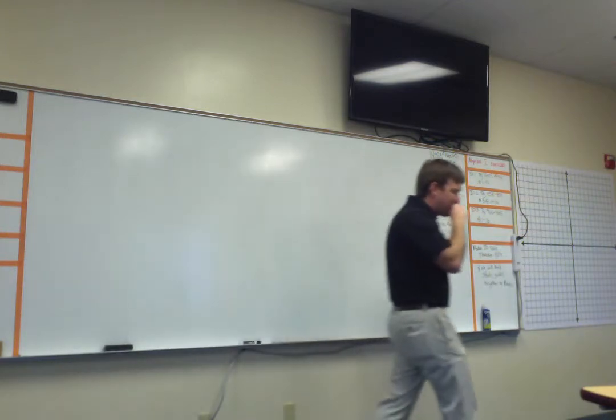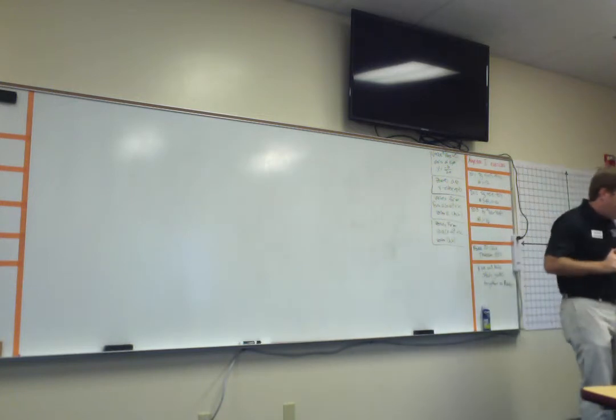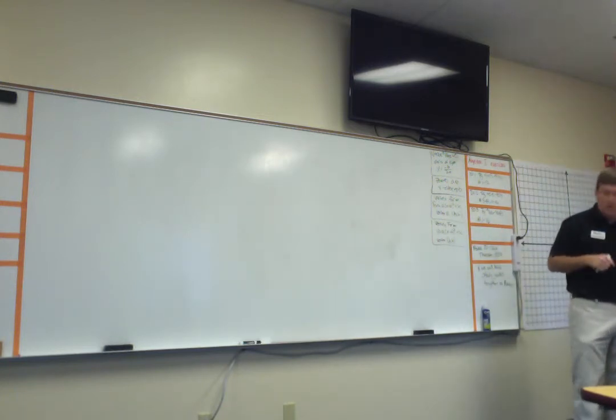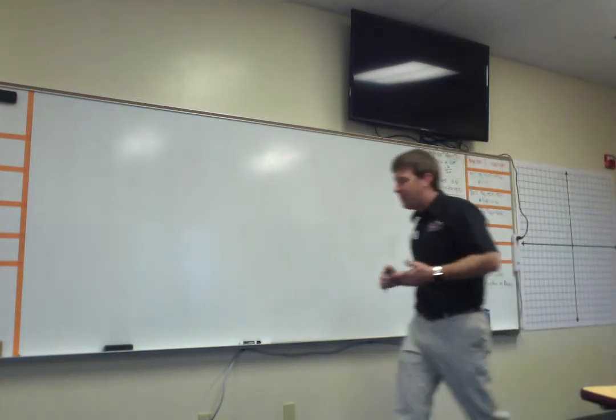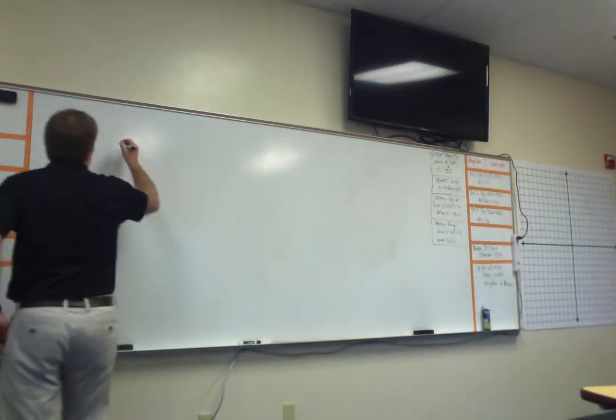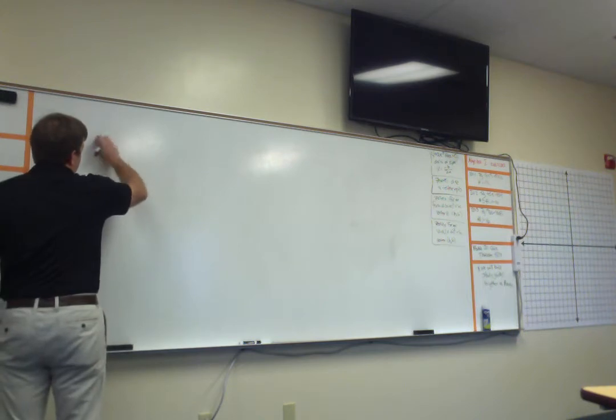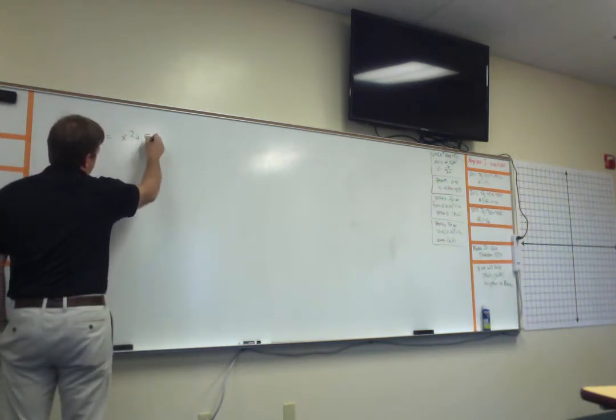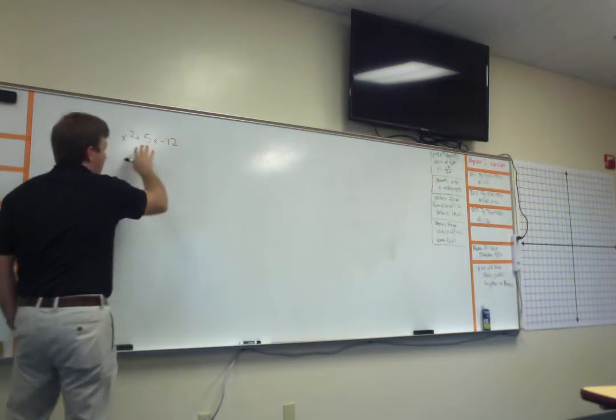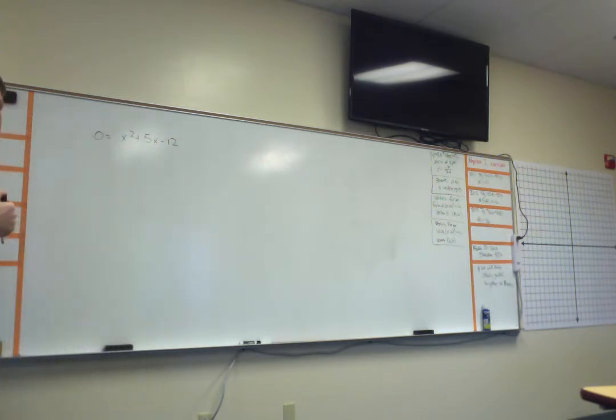So now we're going to continue to look at how we solve a quadratic equation. Something such as 0 equals x squared plus 5x minus 12. That's the kind of thing we've been doing.